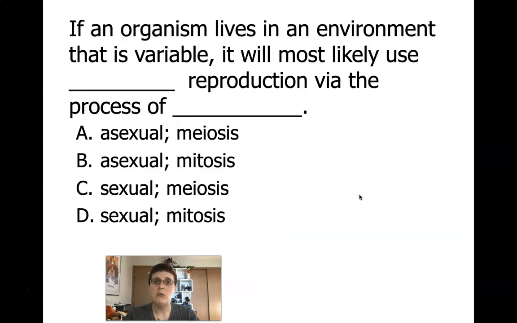All right, and I have one more question for you. So if an organism lives in an environment that's variable, so things are changing, it's most likely going to use what kind of reproduction via the process of blank?